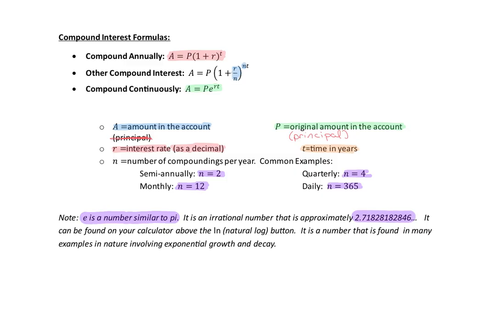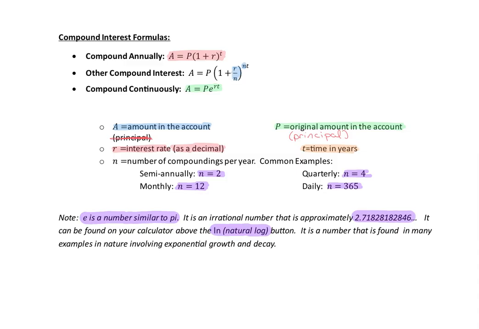In future math classes, you will talk about, okay, where does this number come from? But for now, we're just going to try to figure out where do we find it on our calculator. And if you go on your calculator, you should see a button that says LN. This stands for natural log. And it's going to be one of the options above that. So if you press second LN, you will go ahead and pull up the number E.